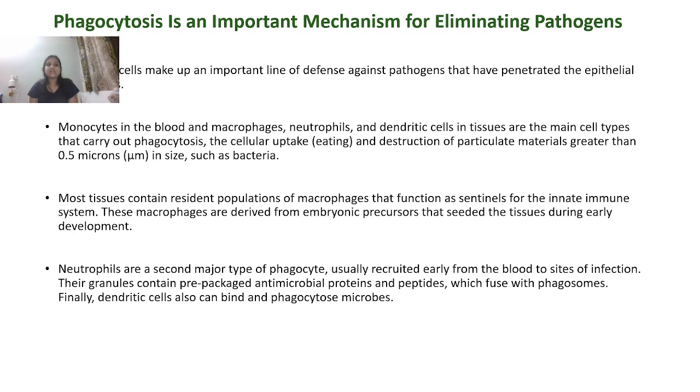So phagocytic cells include, as I already told in I think the second class, different types of phagocytic cells, and they are monocytes, macrophages, neutrophils, dendritic cells. All these are innate immune cells, and they will clear up the infection by a process known as phagocytosis.